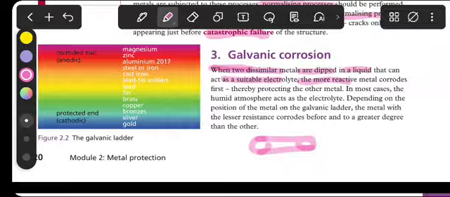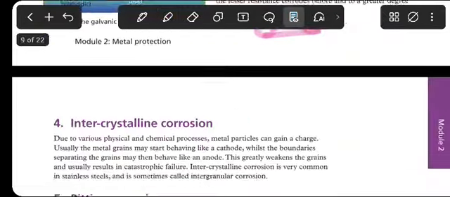Let's say I take a steel and dip it, meaning I put the steel inside the acid, and it will cause it to erode. That is an example you can think of.